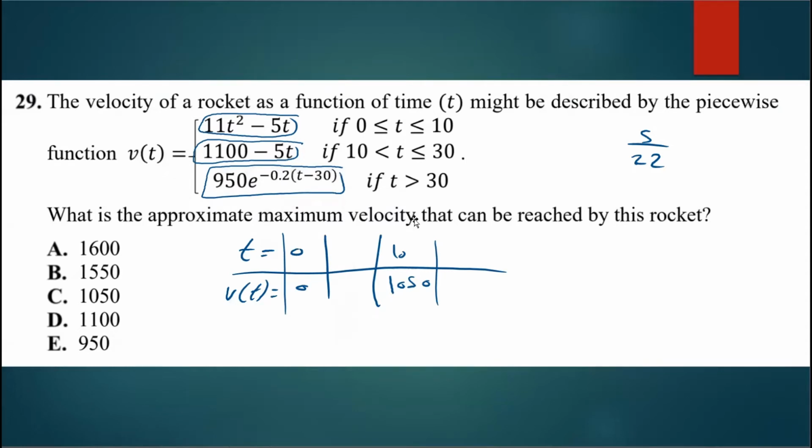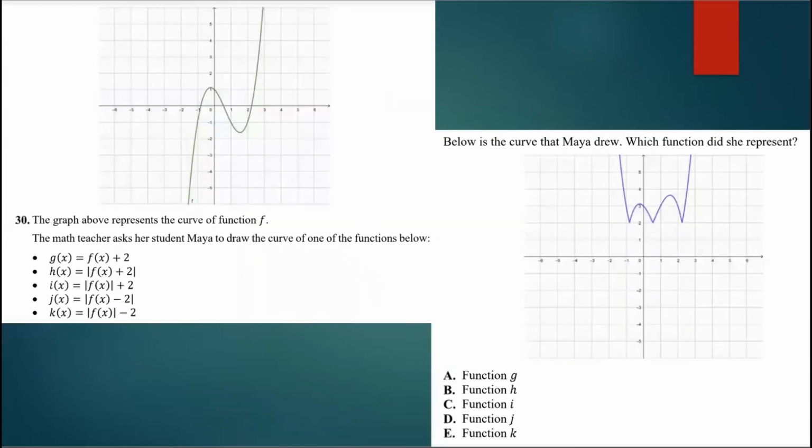And there's no need to continue finding that at 10 and 30 and so on, because I'm pretty sure it will go lower and lower as you go through this function, because all the other functions are decreasing. So I will go with C. I reach this maximum value and a negative value here, and that will be much less than this because both other functions are decreasing. Okay.